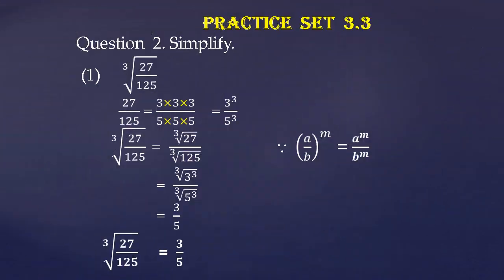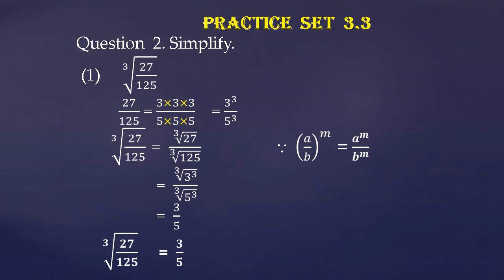Question number 2. Simplify. First, cube root of 27 upon 125. First, factorize 27 and 125. So 27 factors are 3 multiplied by 3 into 3, and 125 is factorized into 5 into 5 into 5. You can see here 3 appears 3 times, so it becomes 3 cube, and 5 appears 3 times, so it becomes 5 cube.